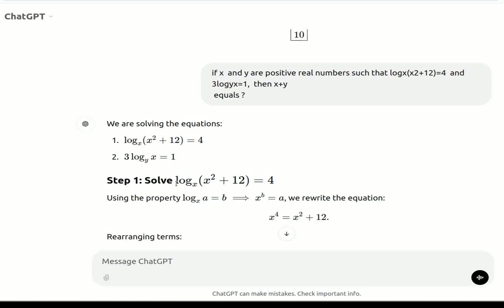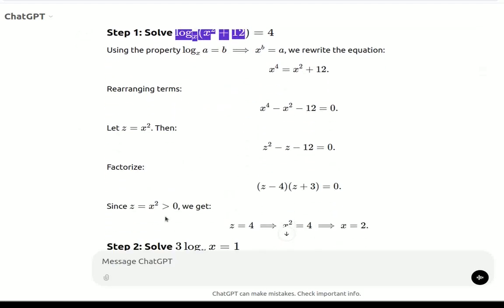So it is making this logarithmic form into a polynomial equation, such that it can factorize those equations and reduce that to finding the individual values.